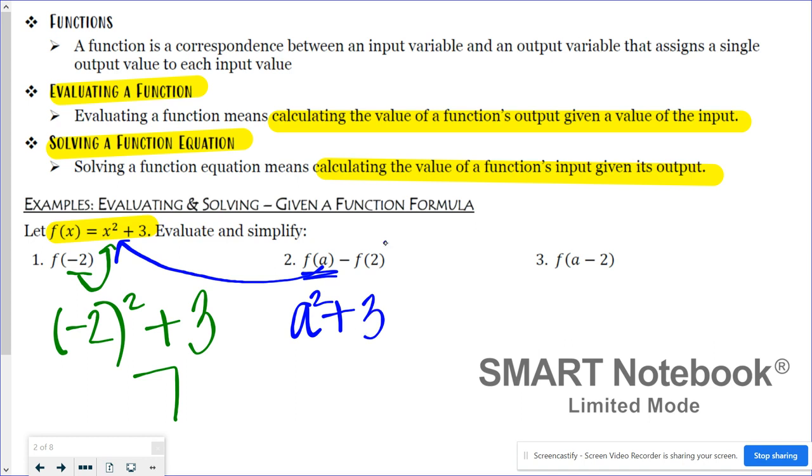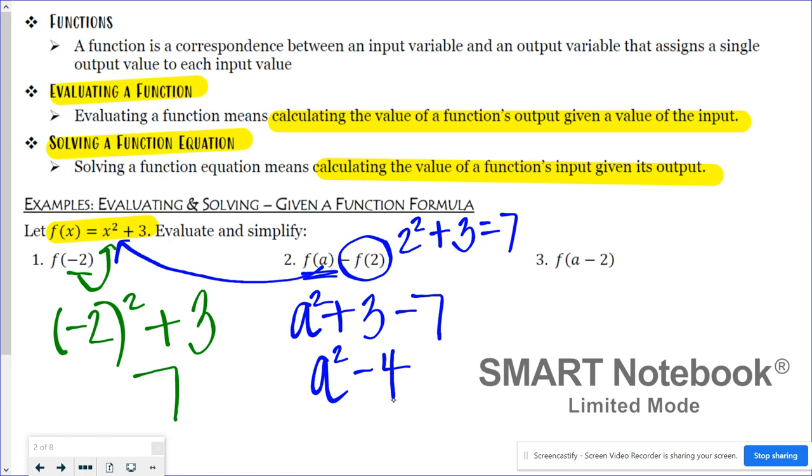When it comes to that minus f of 2, well, we need to evaluate the function at 2. So I'm going to do a little bit of side work over here. So if I go 2 squared, I get 4. 4 plus 3 is 7. So I have f of a minus f of 2. F of 2 is 7. Combine like terms, I get a squared minus 4 as my final answer.